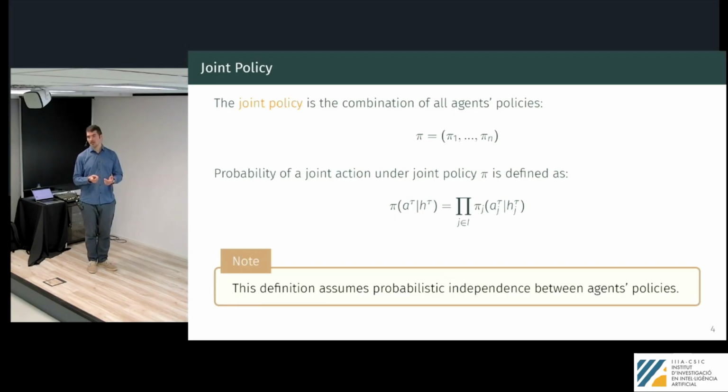For example, I'm only ever going to choose action A if you choose action A, and otherwise I will choose action B if you choose action B. So in that case, that would not be independent like that. But this is the most common assumption, and for simplicity, we make this assumption pretty much all the time. It makes sense because if you have agents that are completely decentralized and executing decentralized, then most likely they will not be correlating.